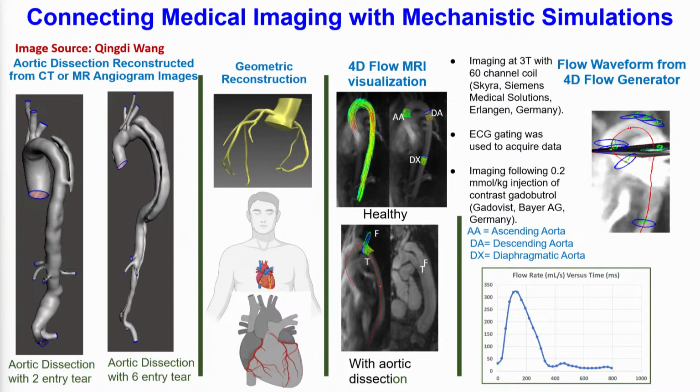Now, there is a very important step which will convert this medical image to geometric information or a geometric set of parameters which can be meshed for your computational simulation.